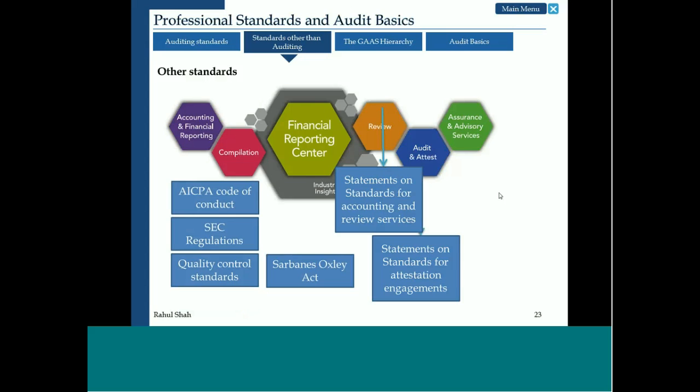Just for your understanding, we have discussed the independence rules from each of these regulations. As an auditor, you need to follow all those rules to be independent. So all these different standards and regulations would impact your services. These are all other standards.